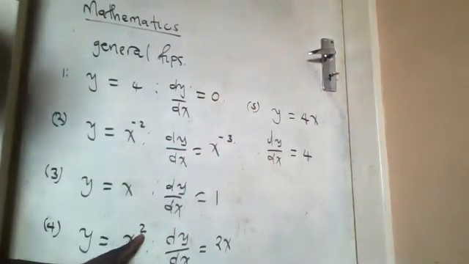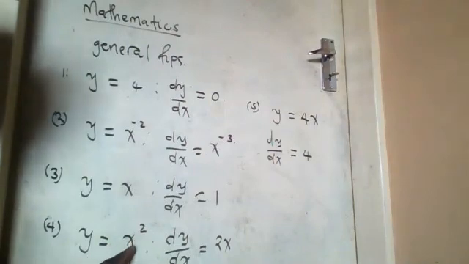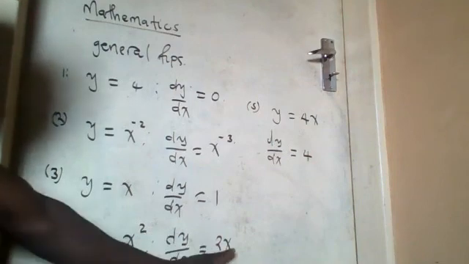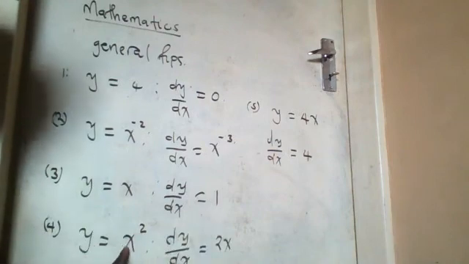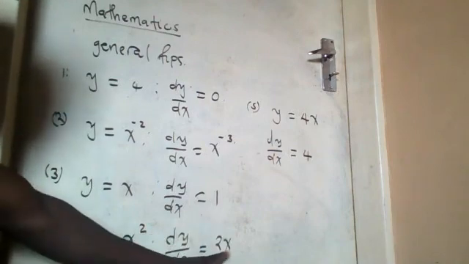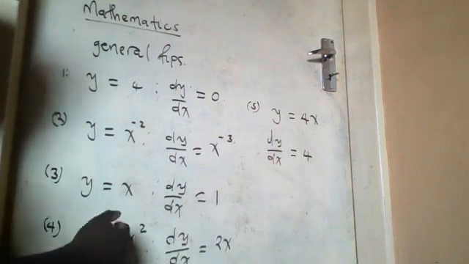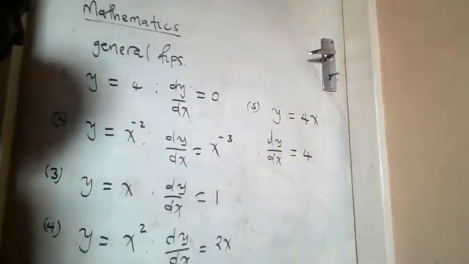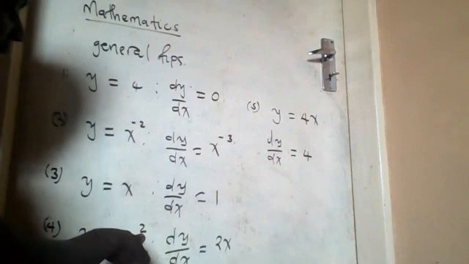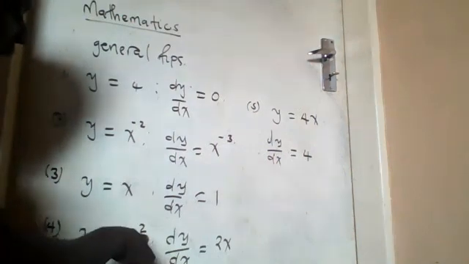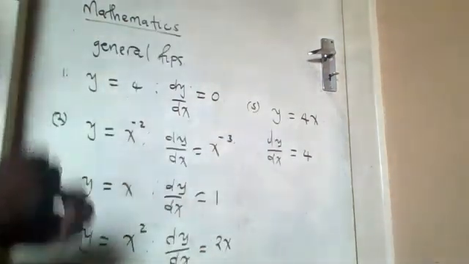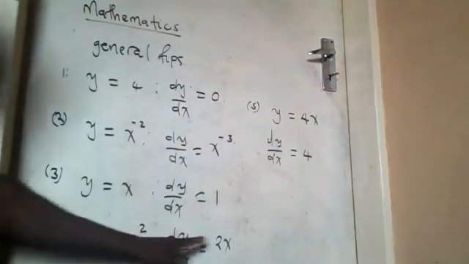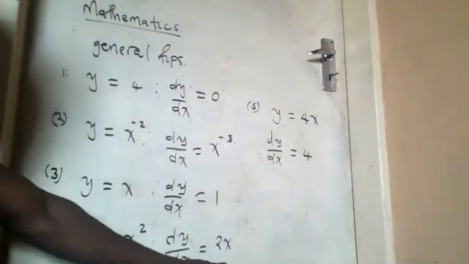Then here, if y is equal to x raised to power 10, if it is 10x raised to power 10, it will be 10x raised to power 9, because the power will reduce by 1. Here the power reduced by 1, we have the power of 1, that's why we didn't write it.